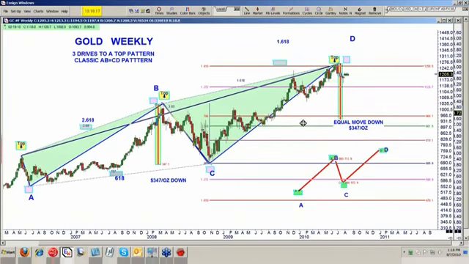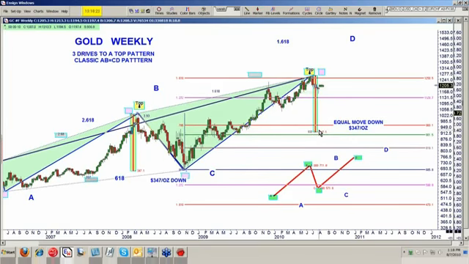There was another ABCD leg there, and we're looking for gold to come down somewhere around the 900 level. That's what it equaled to the last time. Both of them were right on the money, so we'll see. If gold gets above 1225, then we've got a chance for gold to have a heck of a run. But right now, I think gold's bias is to the downside.